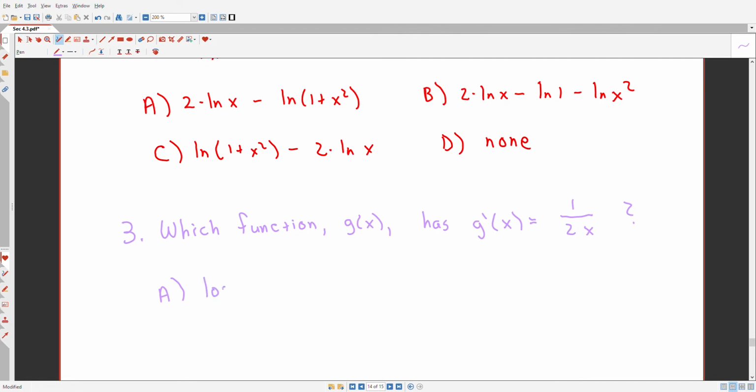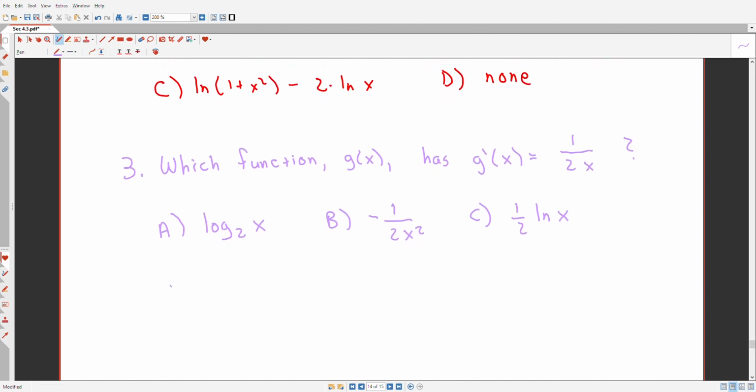So log base 2 of x. Oh, this one, maybe -1 over 2x squared. Maybe 1/2 natural log of x. And I guess I'll give you a couple more options just in case those aren't enough.